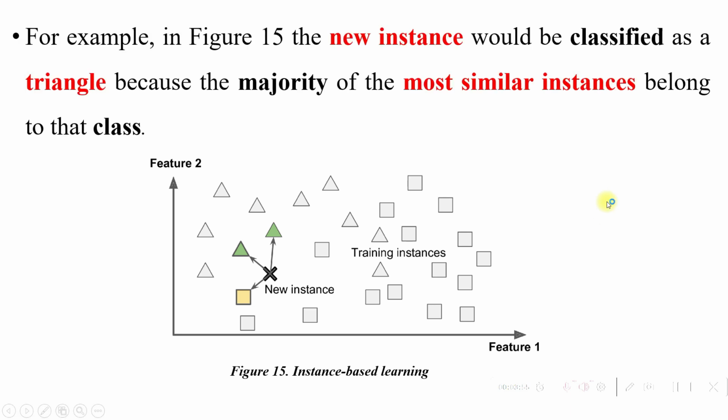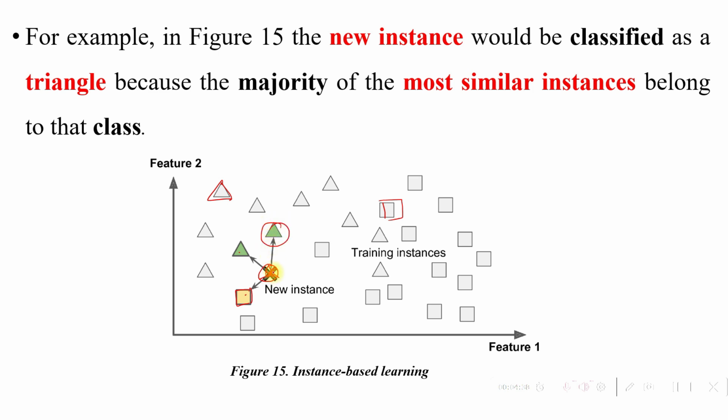Here we have two types of data sets: triangles and squares. Whenever we give a new instance, the cross mark, we want to classify whether it is a triangle or a square. Here the new instance is classified as a triangle because the majority of the similar instances belong to the triangle class.